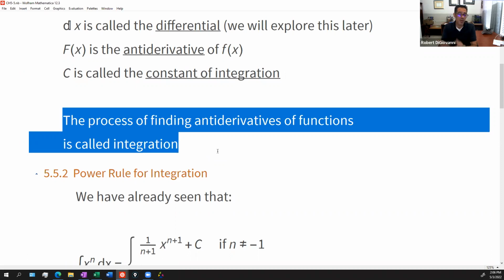So my suggestion is to make sure you come out of Cal 1 feeling really good about your product rule, quotient rule, chain rule, all that stuff, because now you need to run a marathon. If you don't know how to put your shoes on, you ain't running a marathon. I'm terrible with analogies, but I can't understate how important your understanding of the Cal 1 stuff is. The better you are at it, the easier Cal 2 will be, and it's still going to be hard. Even for the best students in here, Cal 2 is going to be hard.